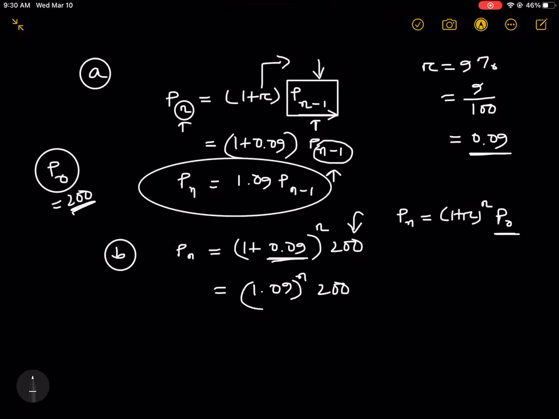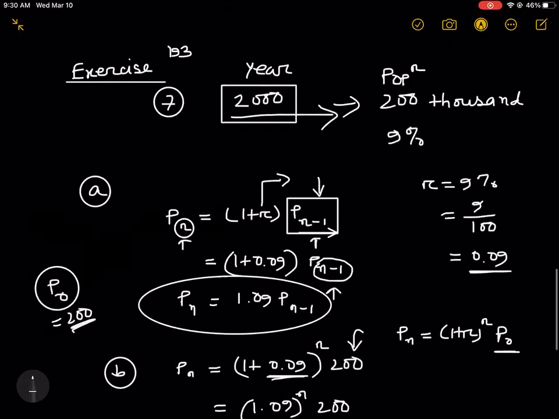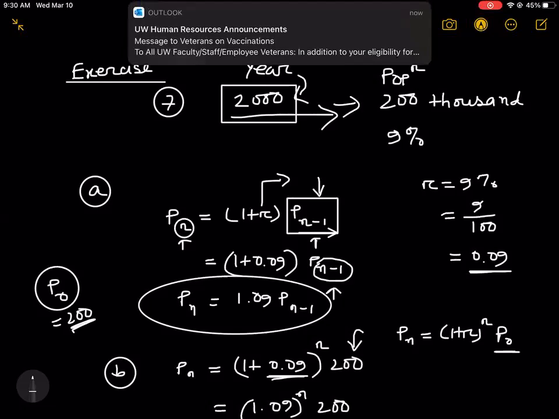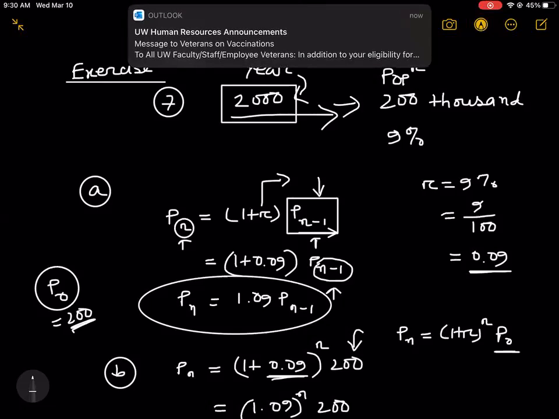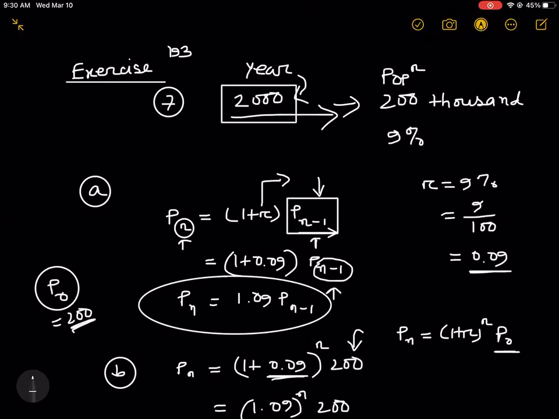It says the population in the year 2000 was 200,000. That means that's the initial population. That's not the Pn we are looking for. If you go to part C of this question, it says if this trend continues, what will Tacoma's population be in 2016? In that case, we'll try to find Pn. So this 200,000 is basically P naught.